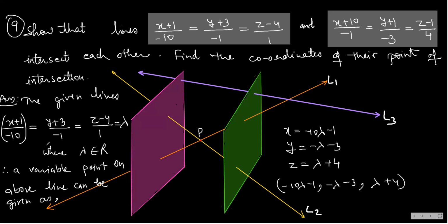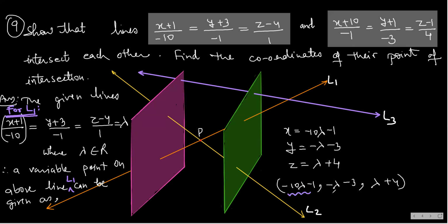The given lines are, so I take this line as L1. So let me write here L1. For L1, a variable point on line L1 can be given as this.